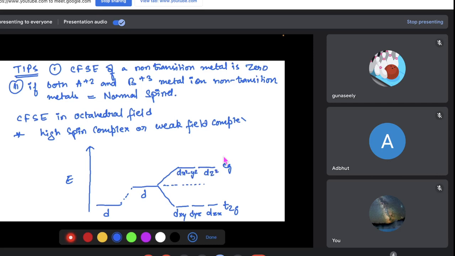Okay, and the energy is minus 0.4 del naught, and this is plus 0.6 del naught. Okay.